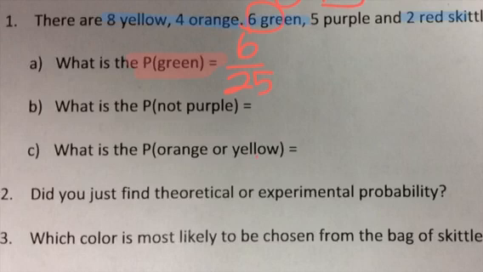Plus 2 red Skittles gives me 20. Okay? So I have 20 out of 25. Now that one can be reduced. 5 goes into both the numerator and the denominator. So 20 divided by 5 is 4, and 25 divided by 5 is 5.